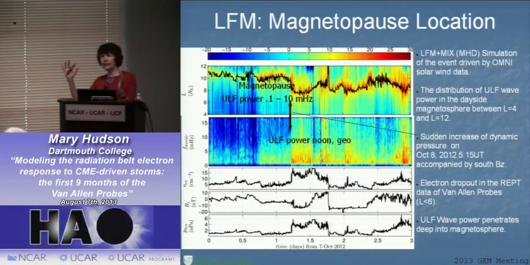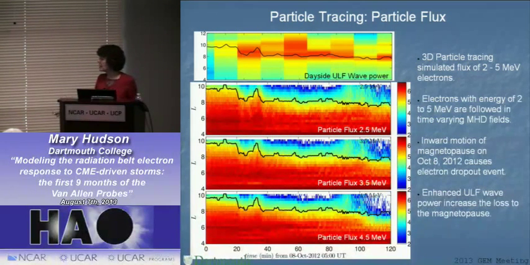So there's going to be inward motion of the magnetopause, and then it relaxes out. And now you've got a radial gradient in the opposite direction, so that you have a drop-off going this way instead of a drop-off towards the Earth. And the ULF waves will then cause radial transport to the magnetopause and enhance the loss well inside the magnetopause boundary. And so that's what you're seeing here.